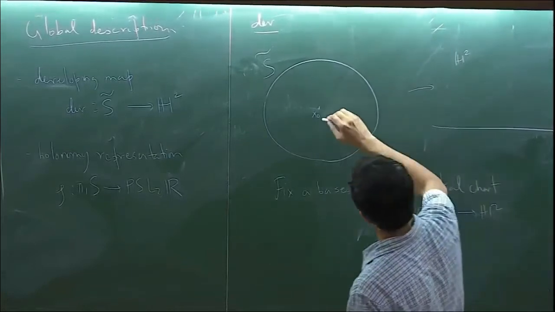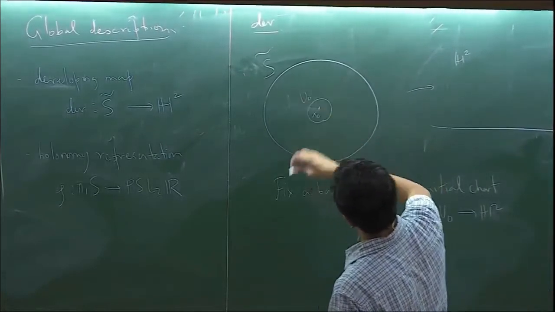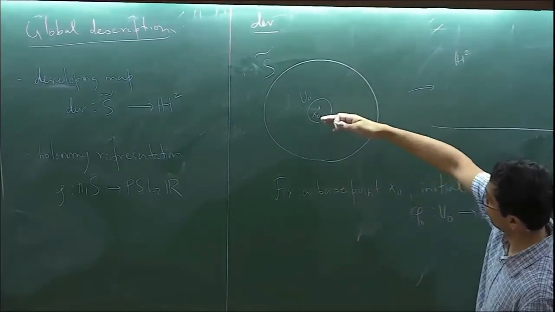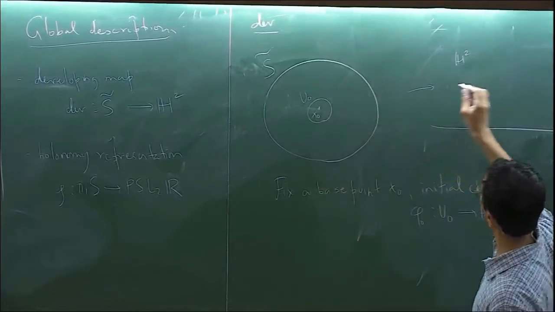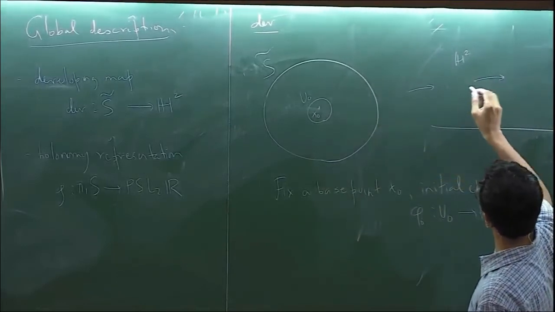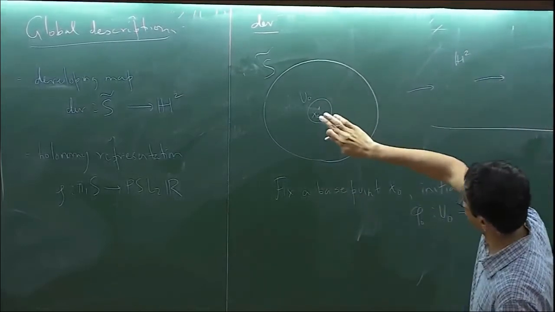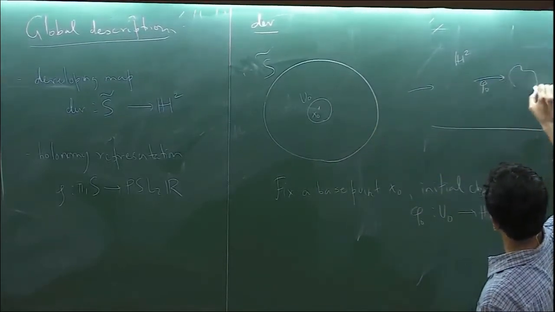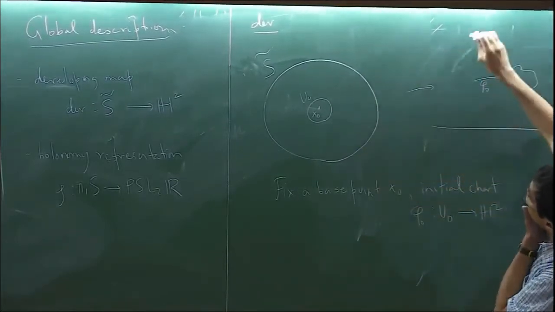So there's some open set. You know that on the surface you have charts to H2. In the universal cover you can do the same, so on this u0 you can define a chart to H2. Okay, so at least you can start with this.